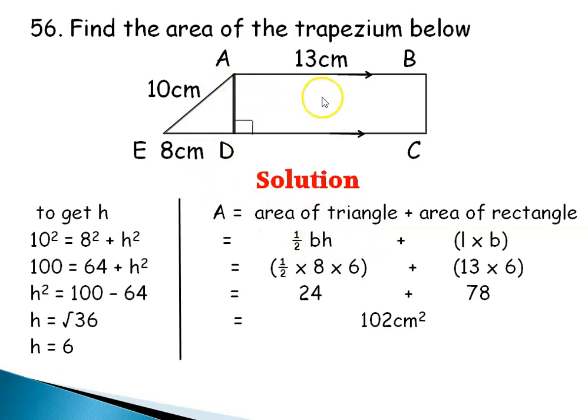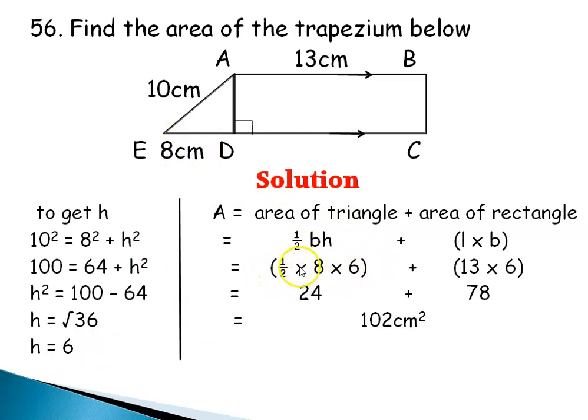I've divided it into two parts, the area of the triangle and the area of the rectangle. The value of h I have here will stand as the height for this triangle and the breadth for this rectangle. Is that okay? 1 over 2 times base times height. The base is 8, times the height, the 6 here.